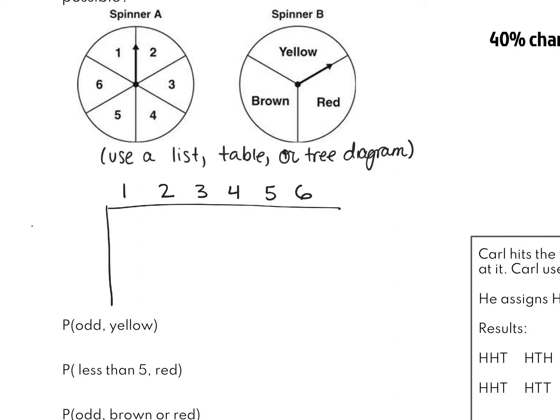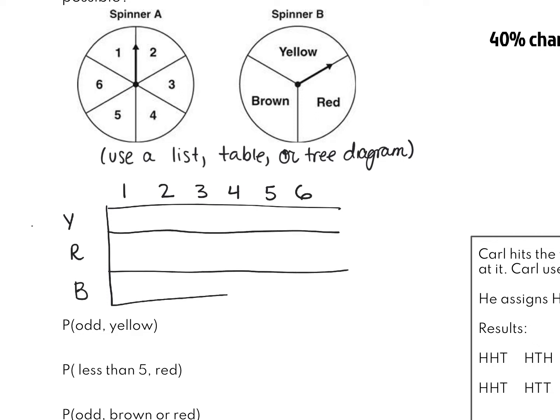This is my table right here. And then I'm going to have my colors on the left-hand side. And I'm going to create this table here. It's a little crooked, but that's okay. So once I have my table, I can go ahead and fill in.